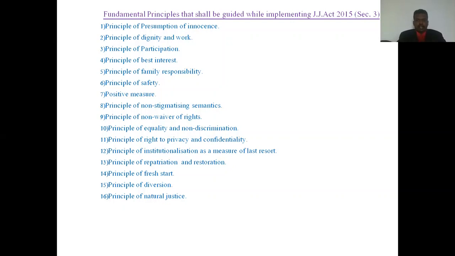These are fundamental principles that shall guide the implementation of the JJ Act 2015. As a child, they are applicable in all situations, such as participation, best interest, family responsibility, safety, positive measure and non-stigmatizing semantics. These are very important, and also the principle of equality and non-discrimination.